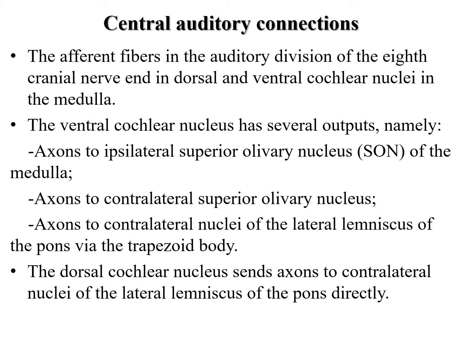It just crosses the midline and reaches the contralateral nuclei of lateral lemniscus of the pons. So the second order neurons from the dorsal and ventral cochlear nuclei have reached either the superior olivary nucleus or the nuclei of the lateral lemniscus.